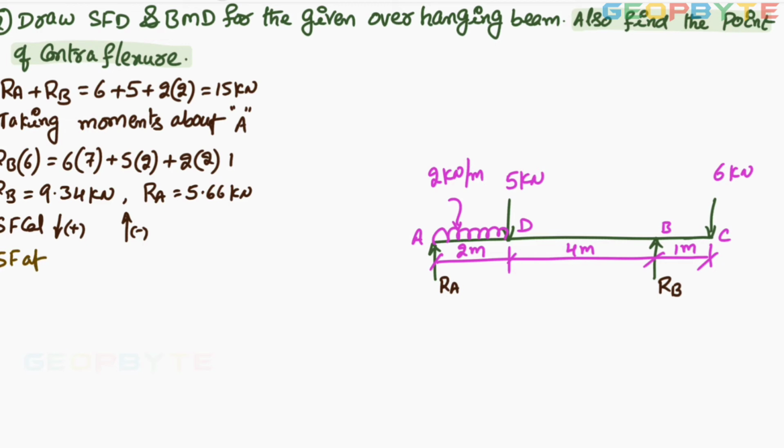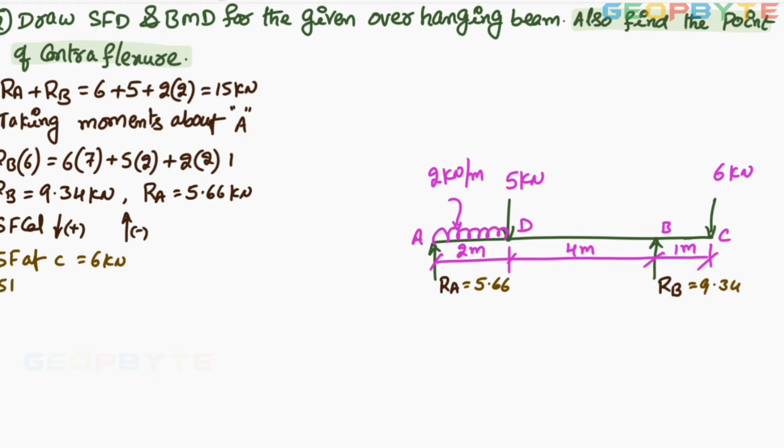Shear force at C. At C it is downward force, should be taken as positive 6 kilonewtons. Let me write RA, RB. RA, how much you got? 5.66. RB you got 9.34 kilonewtons.